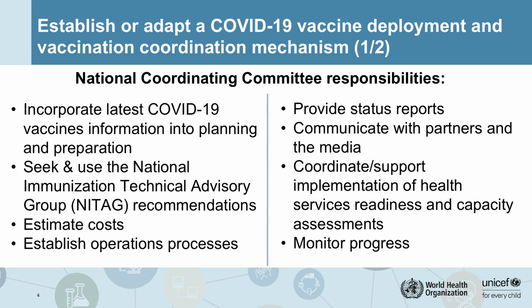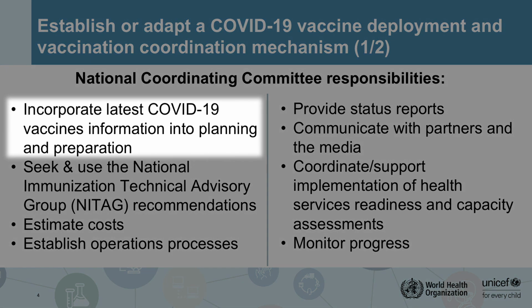Establish or adapt a COVID-19 vaccine deployment and vaccination coordination mechanism. WHO recommends that countries aim to use existing coordination mechanisms as much as possible and integrate them into the country's COVID-19 response structures. The National Coordinating Committee, NCC, is responsible for incorporating the latest COVID-19 vaccine information into the planning and preparation.